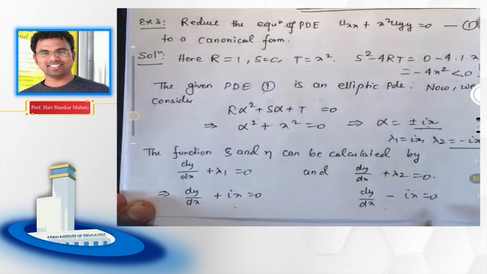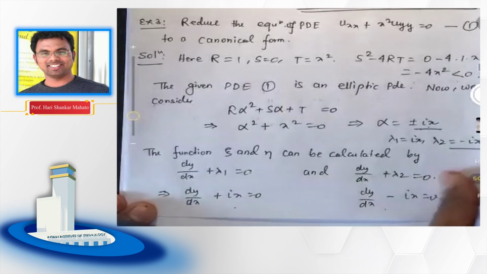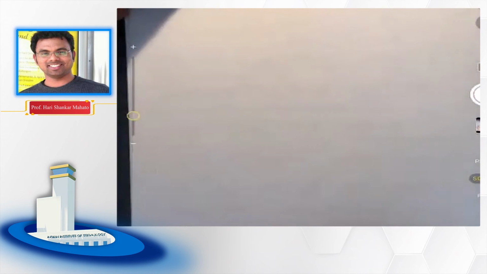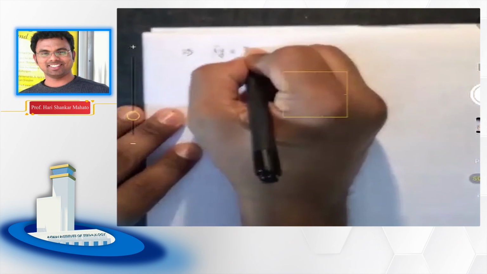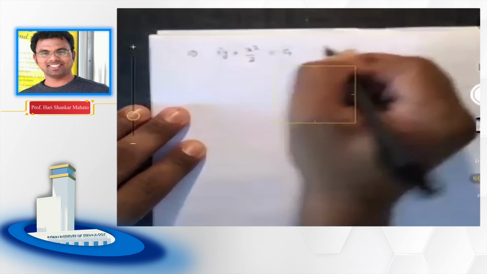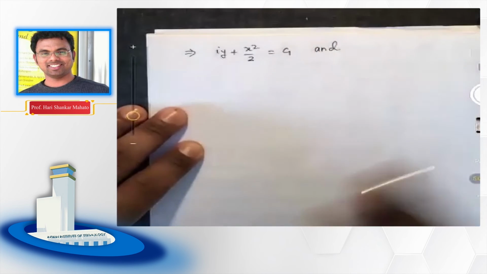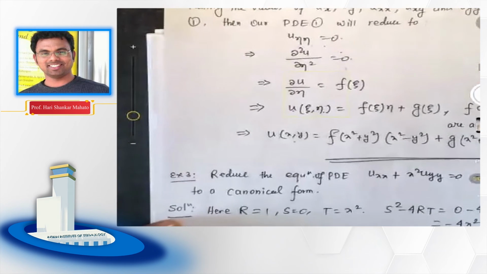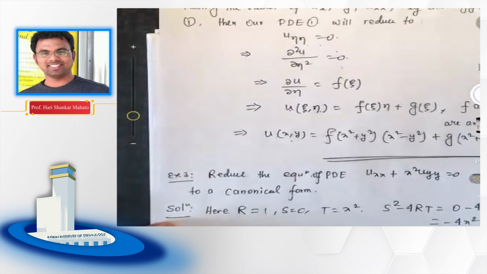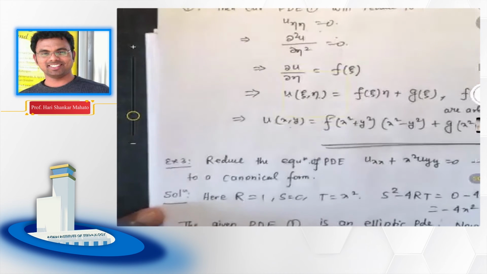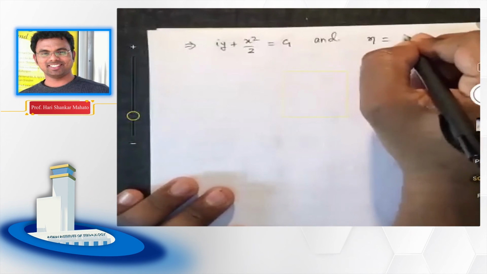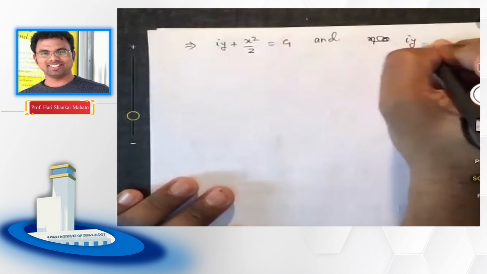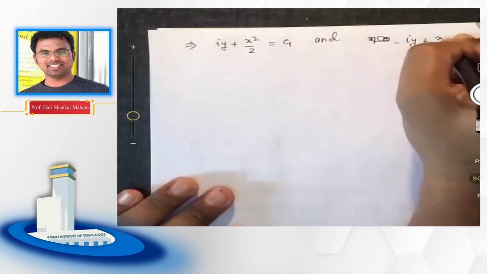If I multiply by i on both sides, then ultimately your solution will look like this: i y plus x squared by 2 equals C1, so this one will become y plus i x squared by 2. I multiply by i, so this will become y plus x squared by 2, and eta will become i y minus x squared by 2.